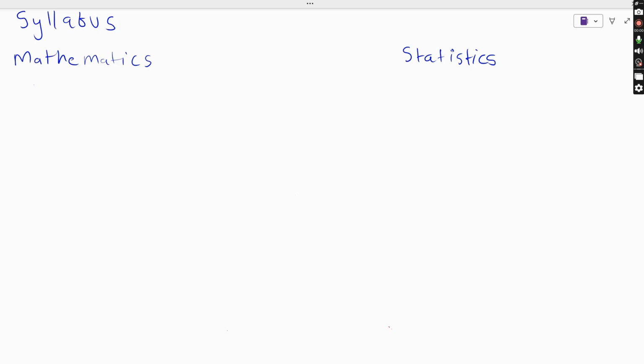So the first thing that mathematics and statistics involve is notations and functions. Second is numerical methods.